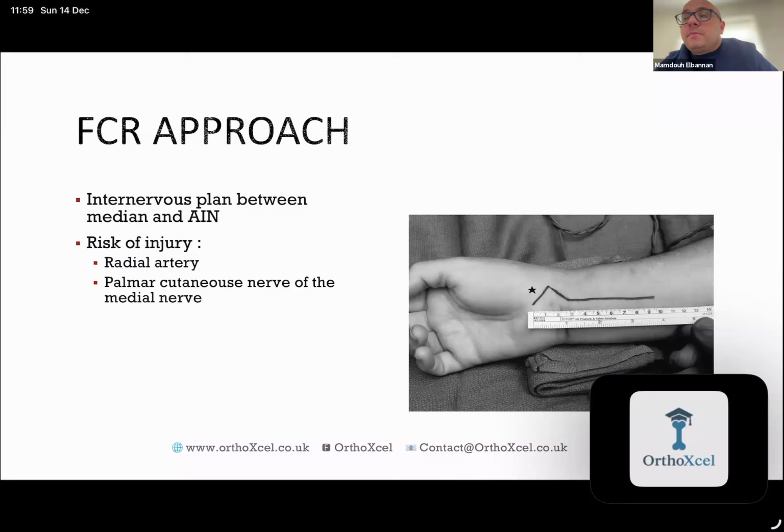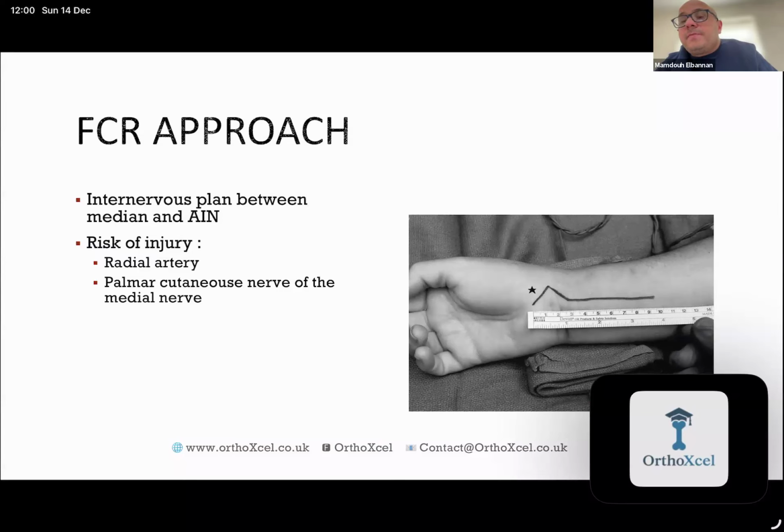And in this approach, you have to say, patient will be consented, signed, supine, tourniquet applied, and I will do the WHO checklist in theater, confirming the site and the side of surgery. Then the approach will be along the FCR tendon, extending toward the mid forearm.